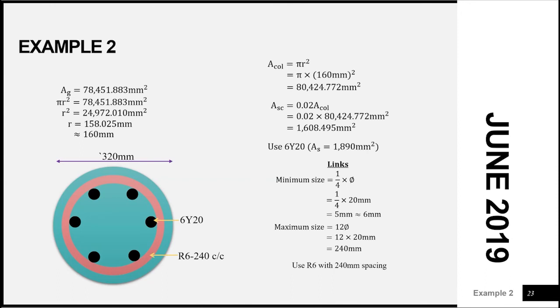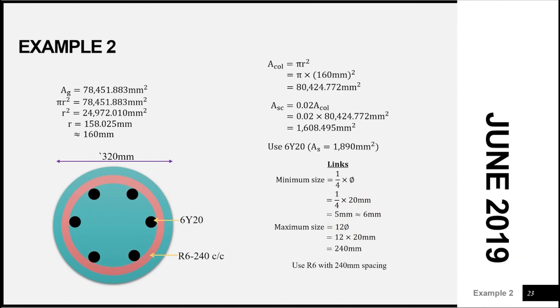Jadi size paling kecil yang you boleh letak. Okay, maksudnya macam tu. 1/4 darab dengan diameter of longitudinal bar, the biggest longitudinal bar. Tapi sebab kita pakai satu je jenis which is 20 mm diameter, so this is the biggest lah. This is the only size that we have. Put 20 mm. Okay, and we get 5 mm.